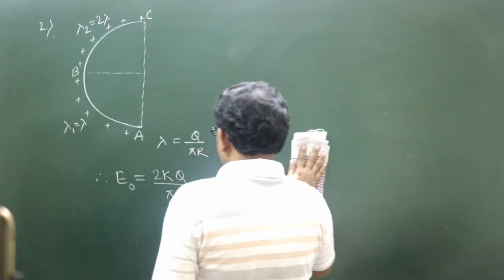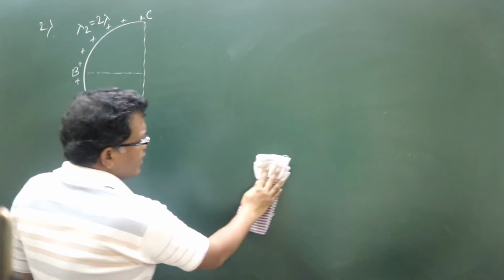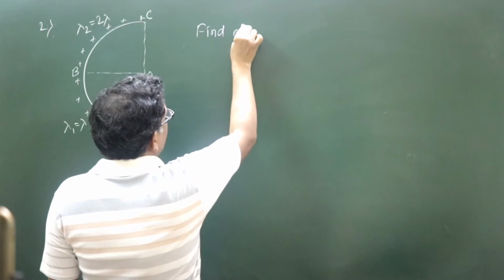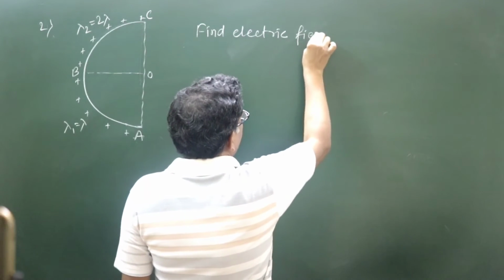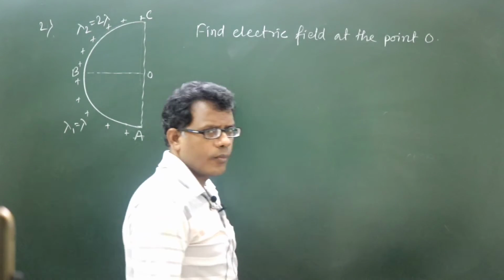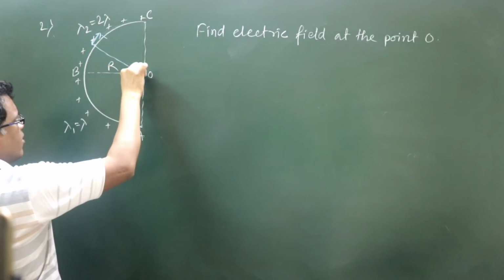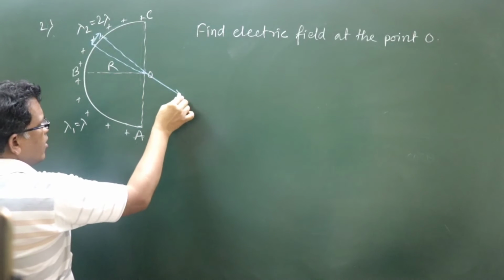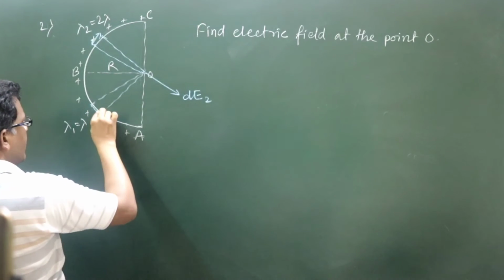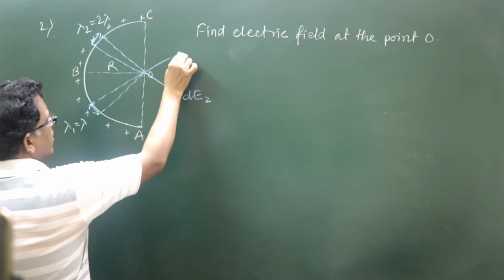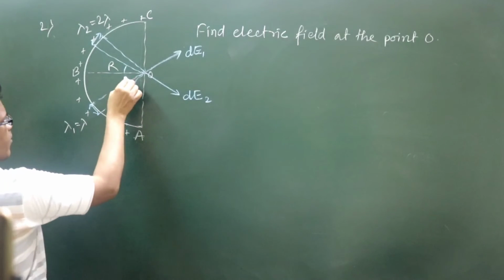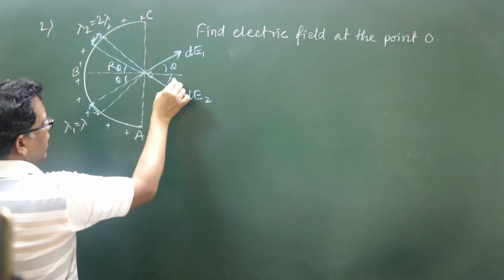So what will be the question again? Same. Find the electric field at the point O. If you take again one element here, if this is dE2 for example, and if we take this element forming dE1, being symmetrical elements, if both these segments are theta each, then what will happen?